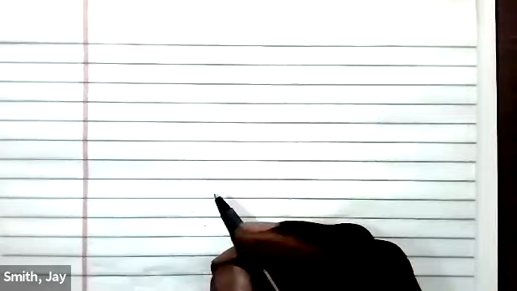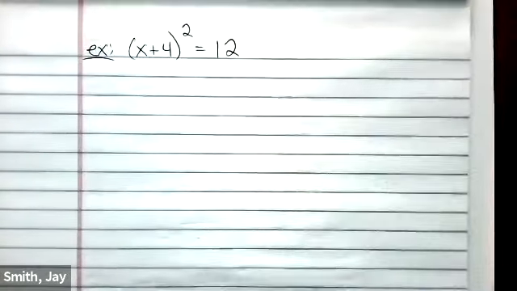We got one more simple quadratic in that section. In this example, it reads x plus 4 quantity squared is equal to 12.